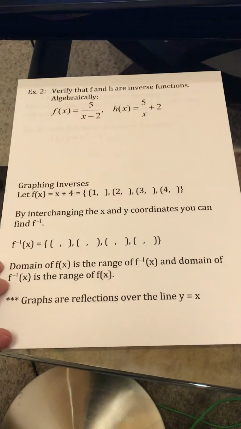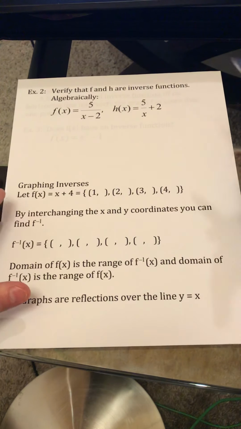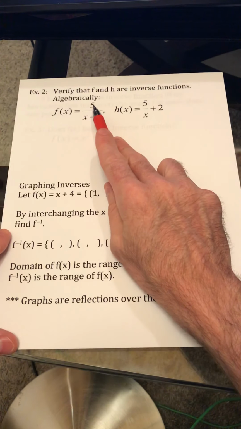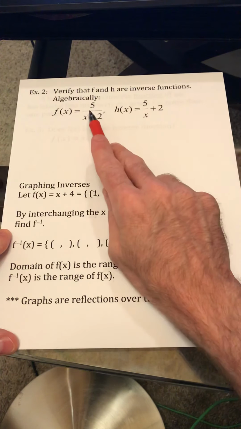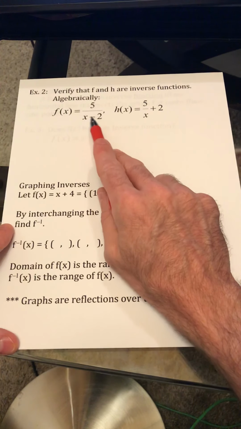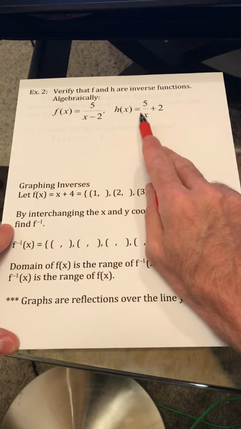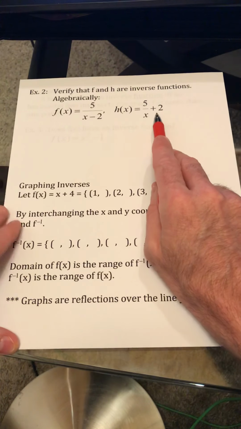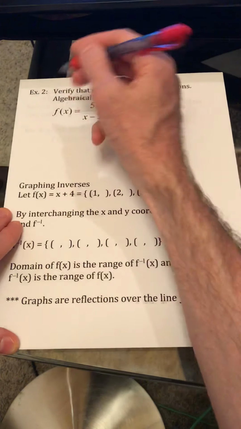So we'll certainly look at an example of that: verify that f and h are inverse functions algebraically. F of x equals 5 over x minus 2. H of x equals 5 over x plus 2. Basically we have to do two things.